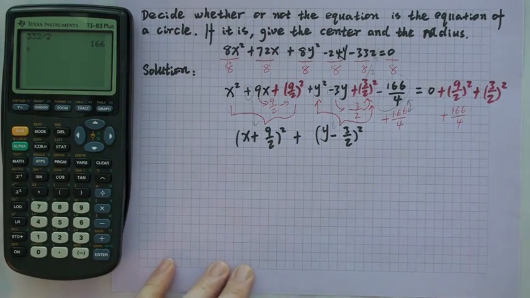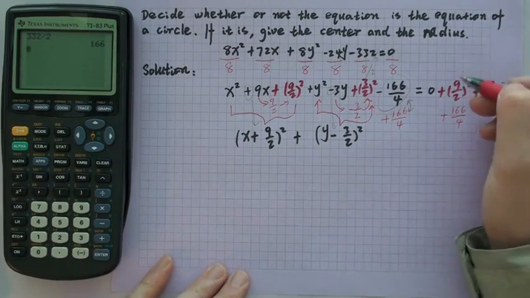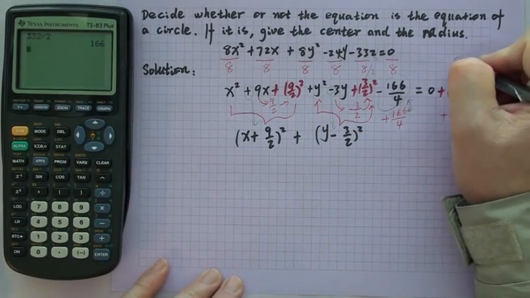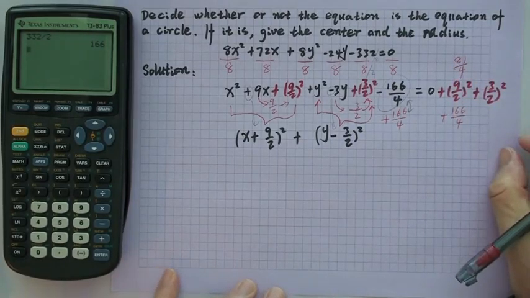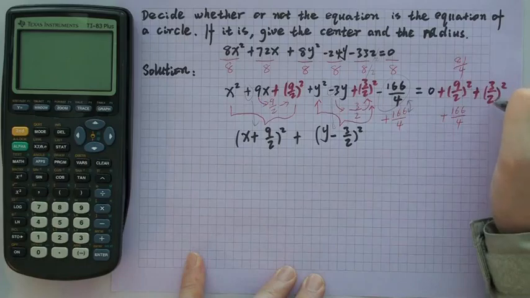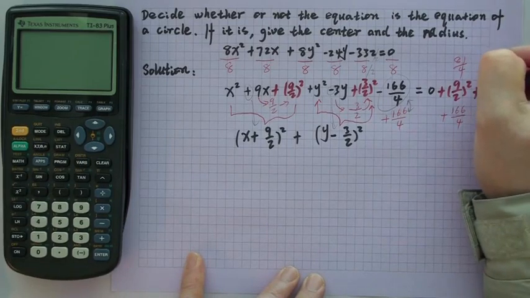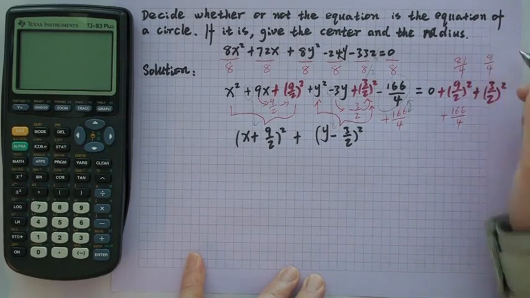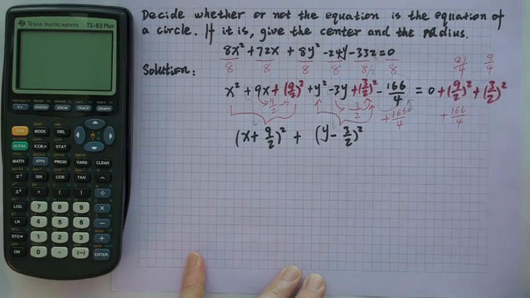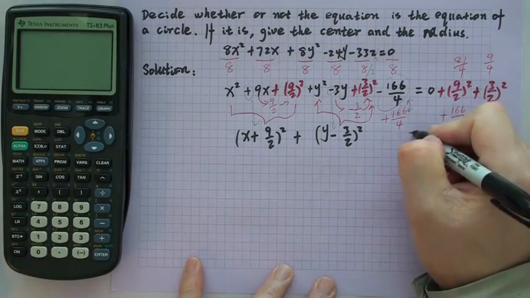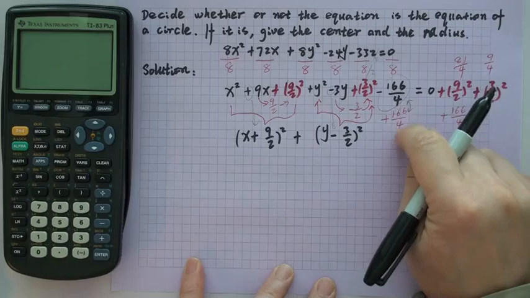Alright, we know 9/2 squared is 81/4 because you square it. 3/2 squared is 9/4 because you square both numerator and denominator. Now, those are cancelled.